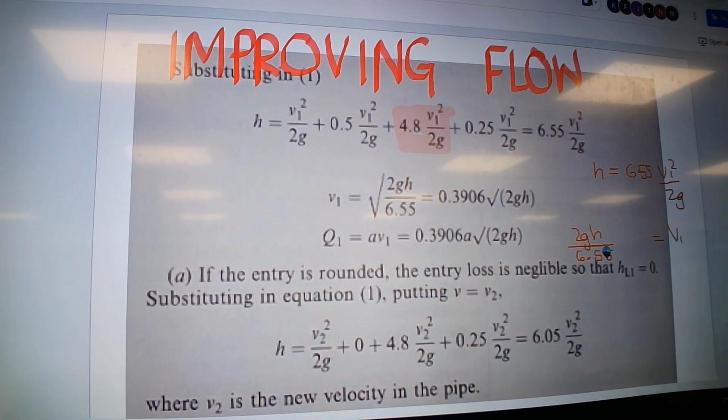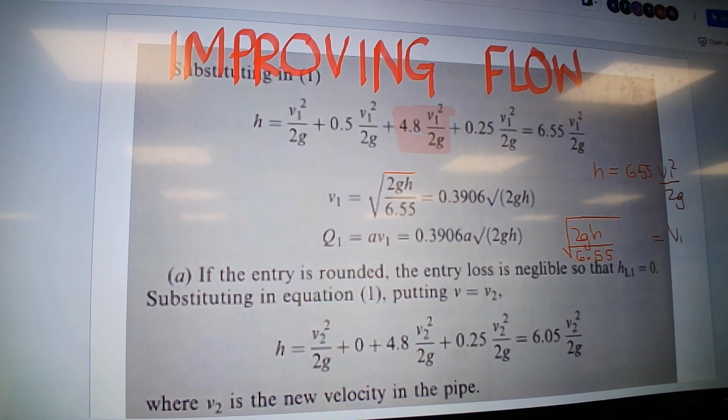Yeah, and then I can square root all that bit, and I will get this answer. When you square root 6.55, it gives you this answer, 0.3906. Yeah, so it's up to you.